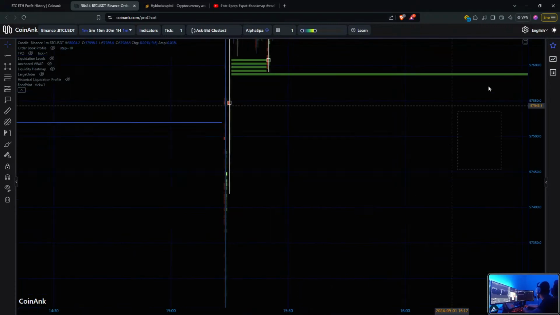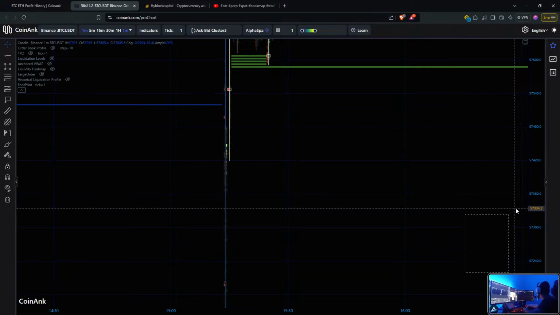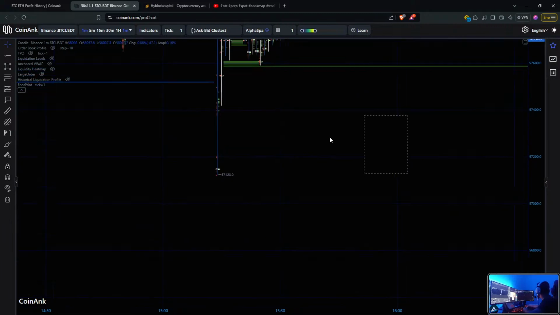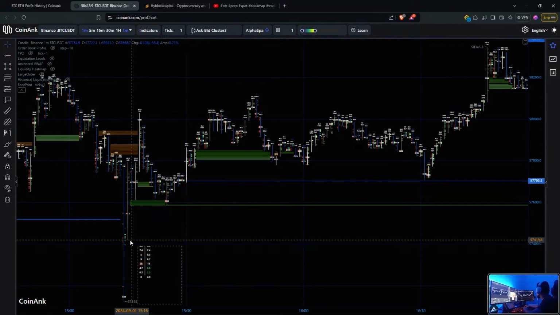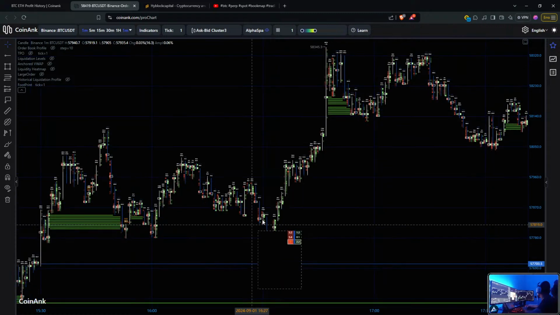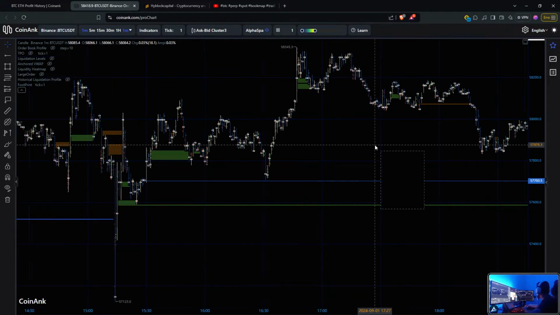It's obviously a little bit like catching a falling knife, of course, but you have at least a technical confirmation based on what is actually happening in terms of buys and sells. So it's not like you're going in blind.